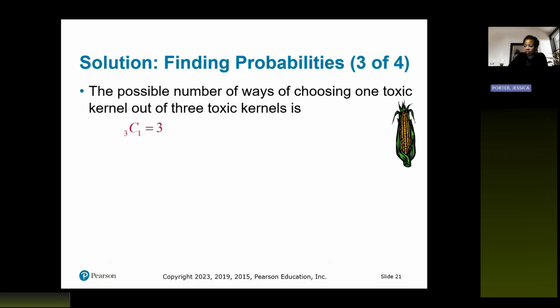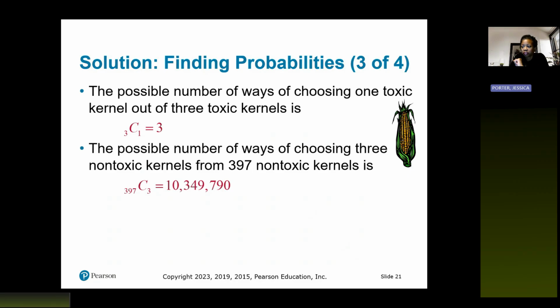All right, so the possible number of ways of choosing 1 toxic kernel out of 3 toxic kernels is 3 in combination with 1, which is 3. The possible number of ways of choosing 3 non-toxic kernels from 397 non-toxic kernels is given here as the 10 million.